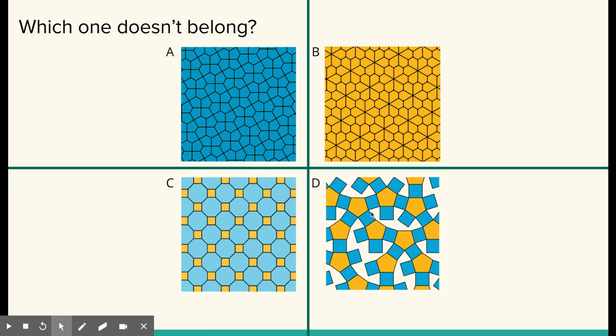You could talk about the shapes, how A, B, and D have multi-sided shapes that are one particular design, and C does not. You could say that C doesn't belong because it has octagons, whereas none of the other ones do. You could talk about how D doesn't belong because of the white spaces.